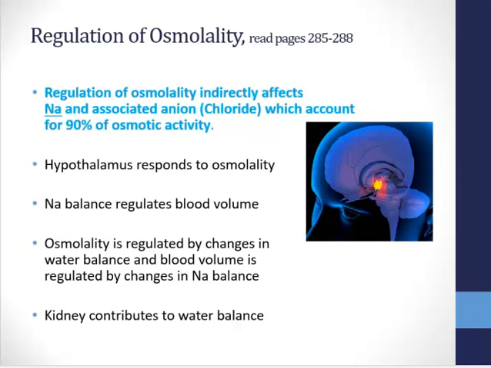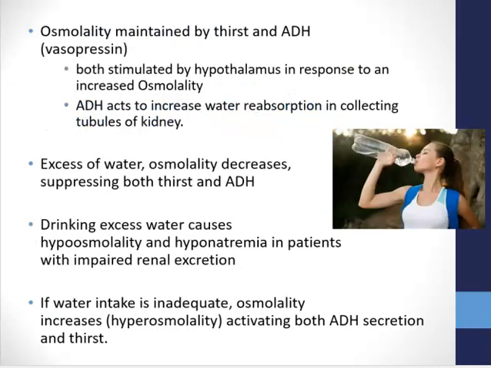The sodium balance regulates blood volume. Osmolality is regulated by changes in water balance, and blood volume is regulated by changes in sodium balance. The kidney also contributes to water balance. Osmolality is also maintained by thirst and ADH, or antidiuretic hormone, which is also known as vasopressin.